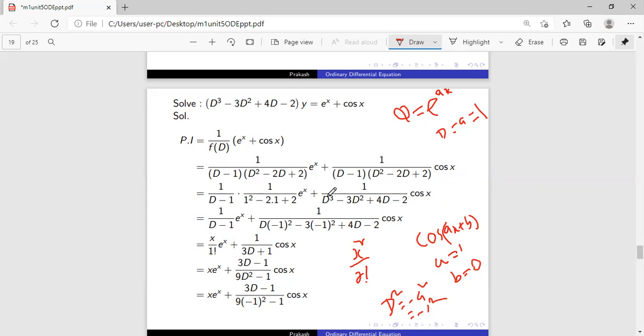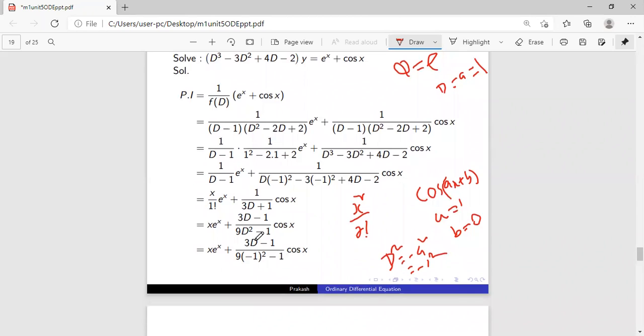So I can rewrite D³ as D into D², putting D² equal to -1, and again D² equal to -1 in the second term, plus 4D - 2. Using the formula, I get the first term. In the second term, simplifying, we get 1 by (3D + 1) into cos x. I am not disturbing the D term here. Next I want to proceed.